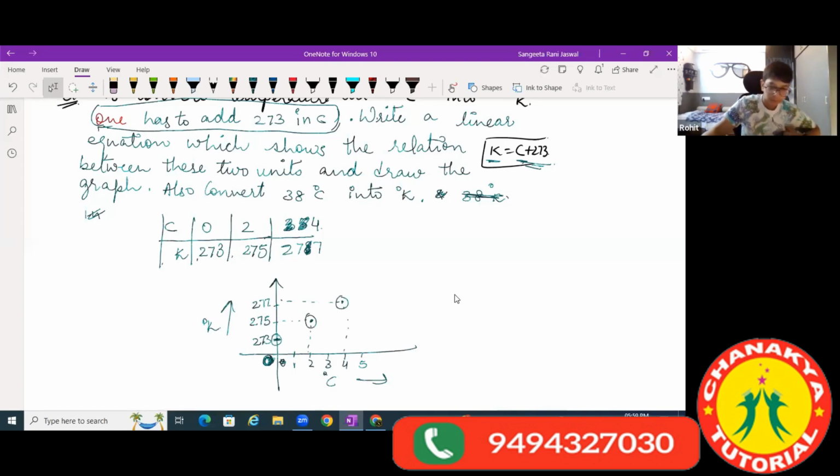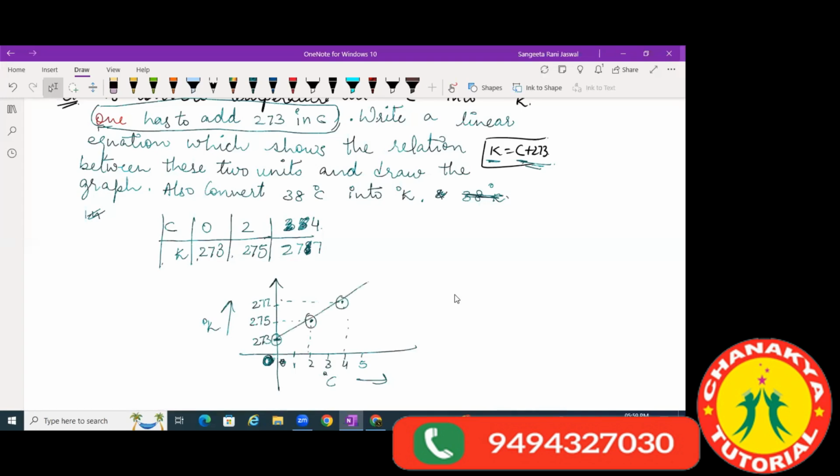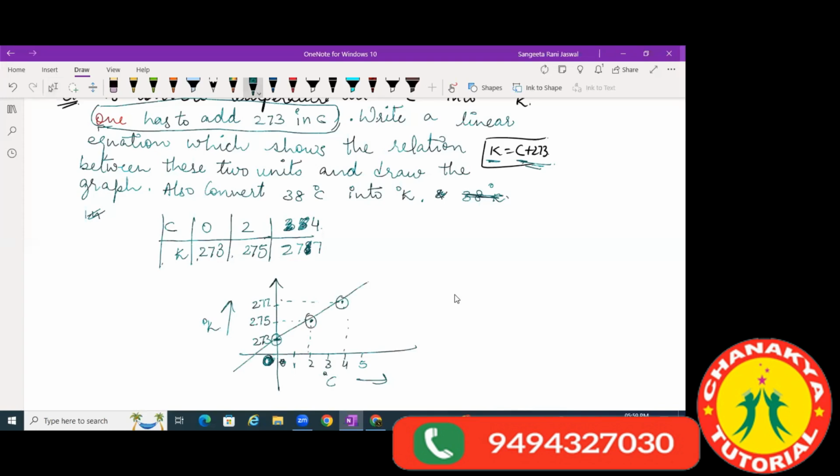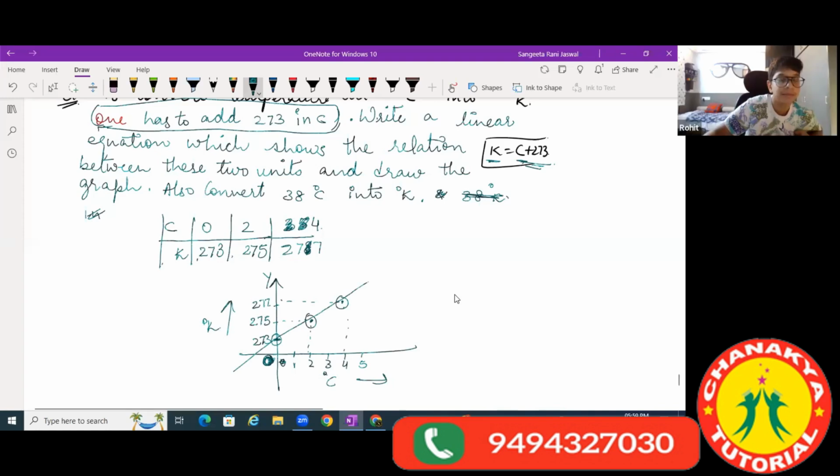So just join these points. Ma'am, the line passes through the origin, right? Not through the origin. This is passing through 273 on the y-axis.